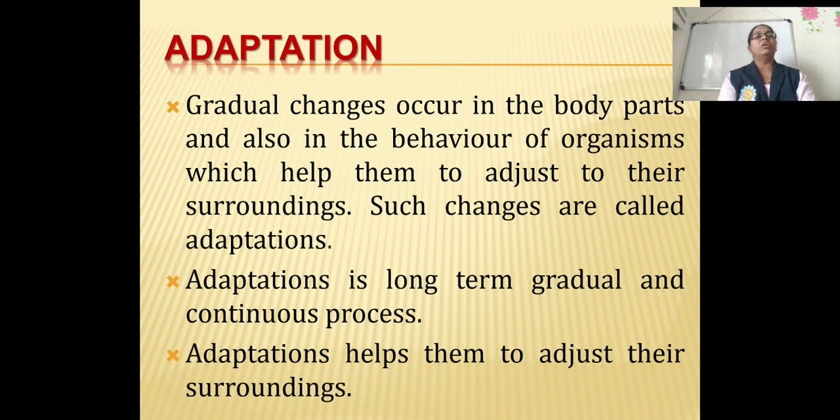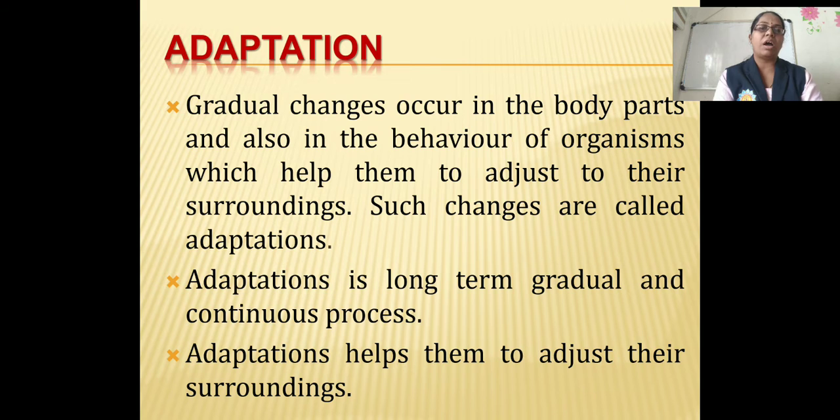First one, what is the definition of adaptation? Gradual changes occur in the body parts and also in the behavior of organisms which help them to adjust to their surroundings. Such changes are called adaptation. That means the animals have some gradual changes to adjust their life with their environment.